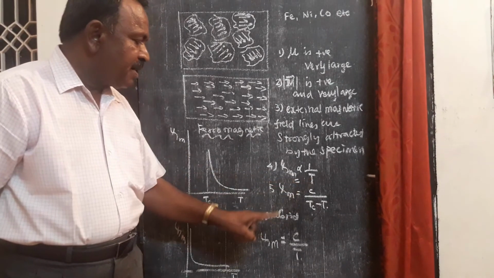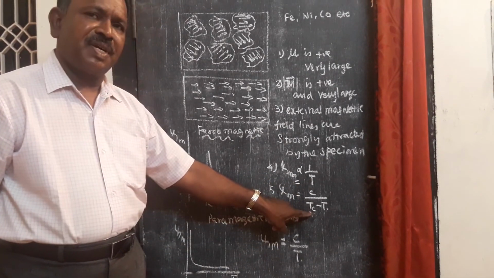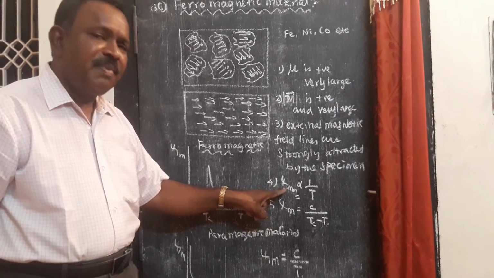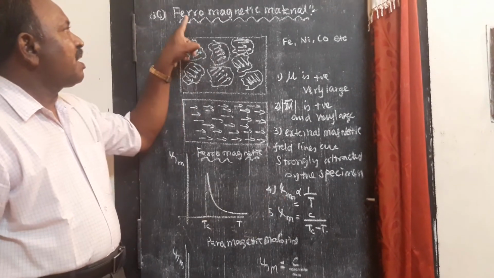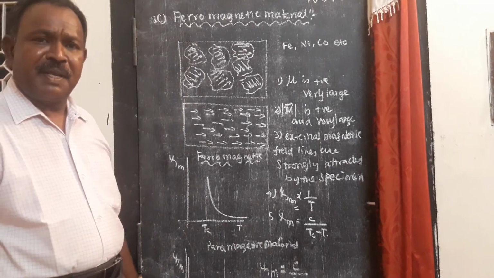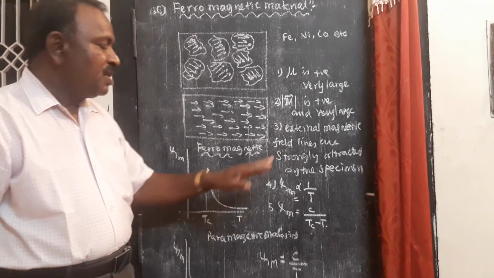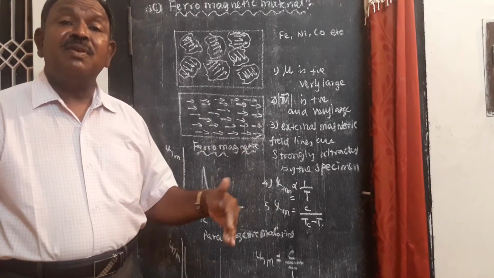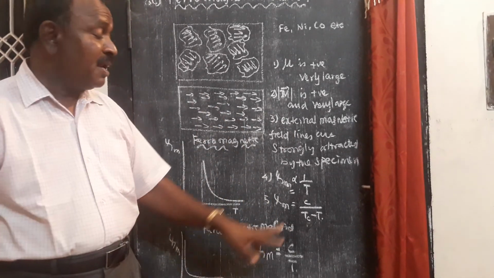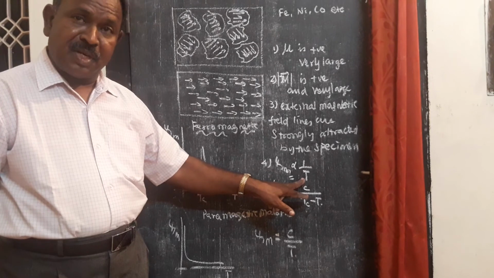At one particular temperature, called the Curie temperature, the susceptibility of the ferromagnetic material becomes equal to that of paramagnetic material. The temperature at which a ferromagnetic material is converted into paramagnetic material is called the Curie temperature.